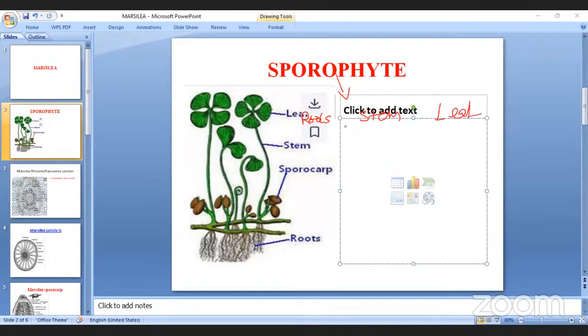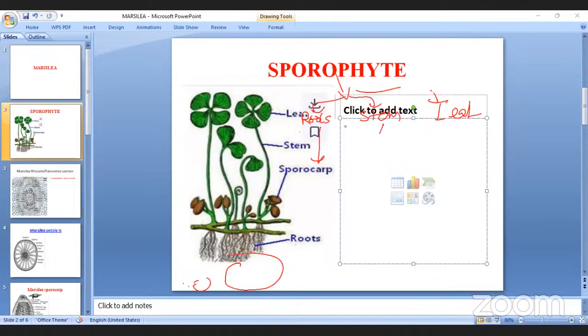These are the sporophytic plant parts. You already know the roots here are branched roots. Clearly we can see in the diagram branched and adventitious roots. The function of the root is fixation and absorption of water.